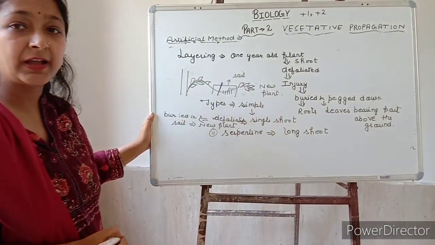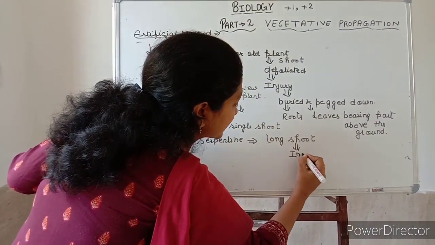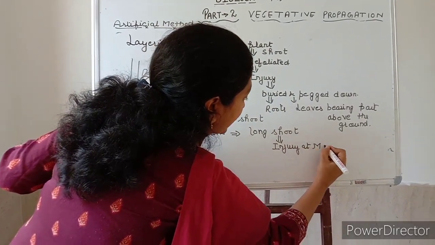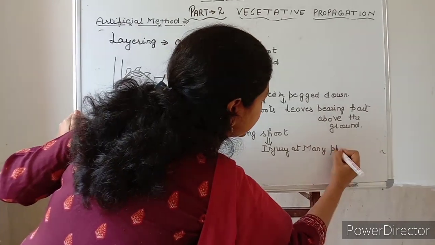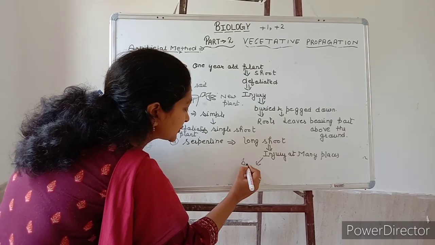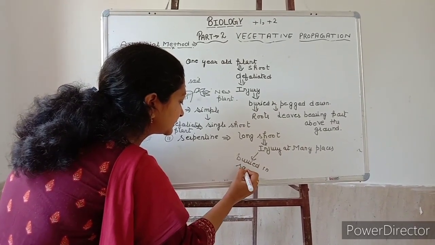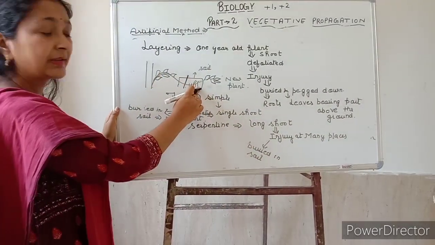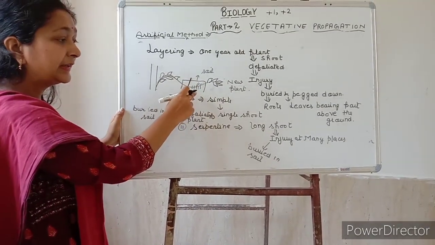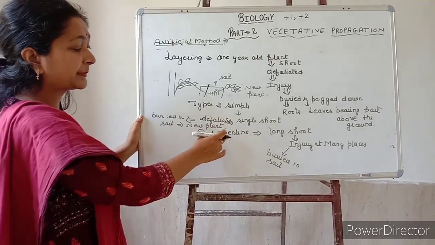It is injured at many places, and all these places are buried in soil like this. Every shoot develops roots and they are cut and then they will form new plants. So a large number of plants are produced in serpentine layering.